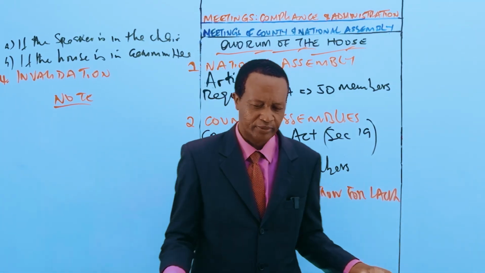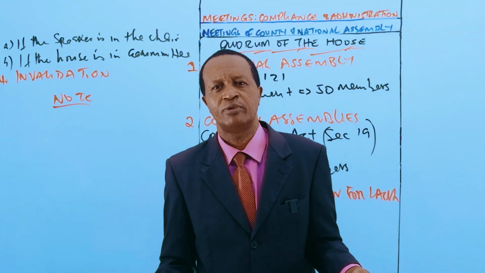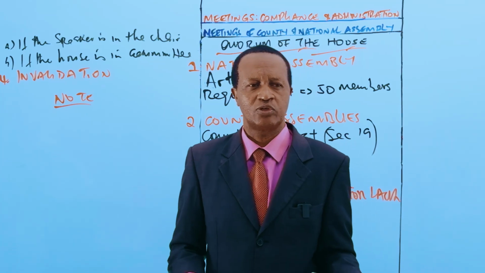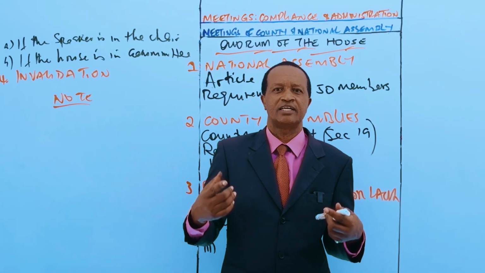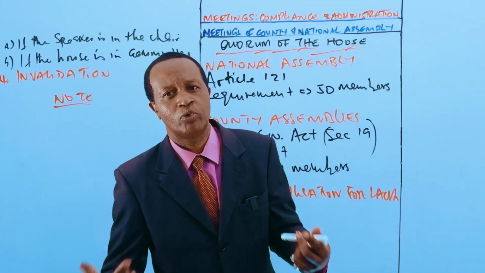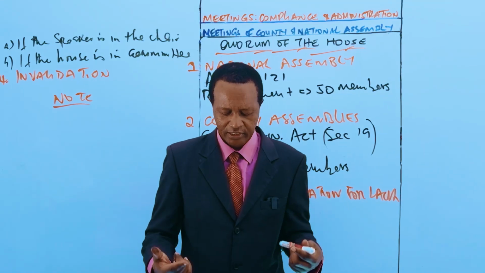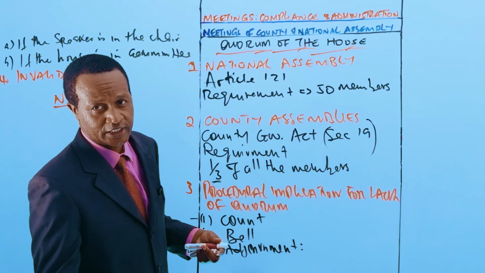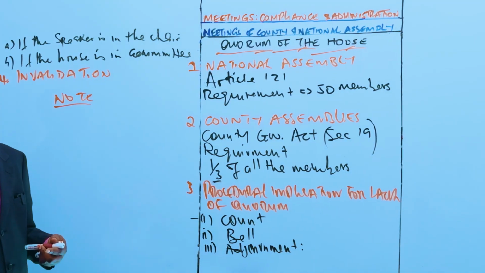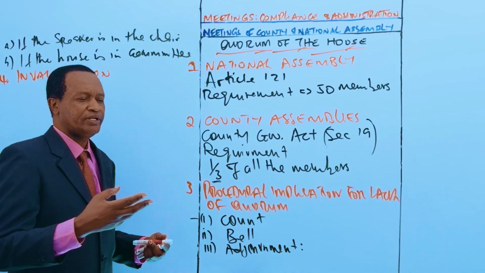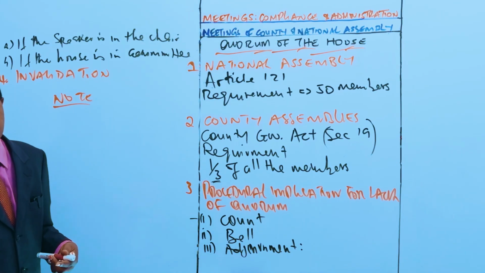If no member realizes that there is no quorum, or members realize but keep quiet, then the House will continue to transact business. And this is a common practice in many legislative bodies.